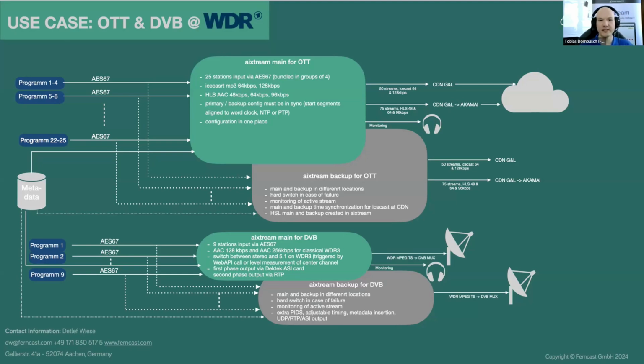So both formats are used and supported in this case. And the multiplexing of their DVB compliant MPEG-TS was happening on the same systems from the same AES67 inputs. So that's actually a fairly great example of the flexibility in action there.